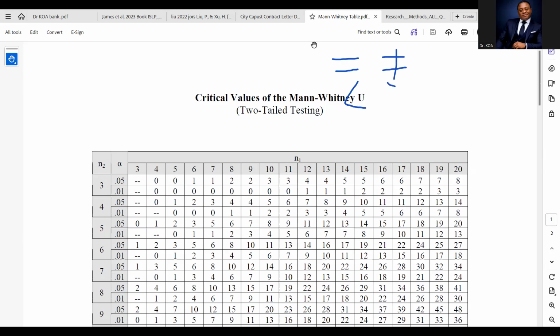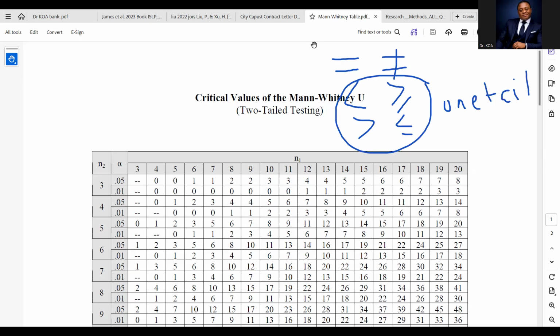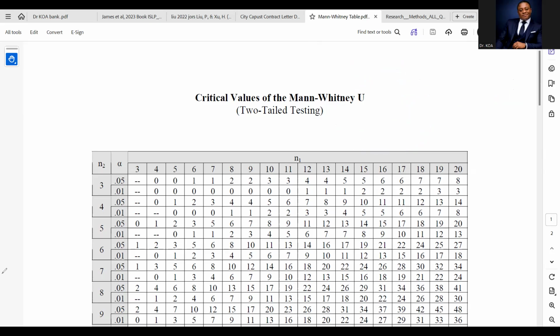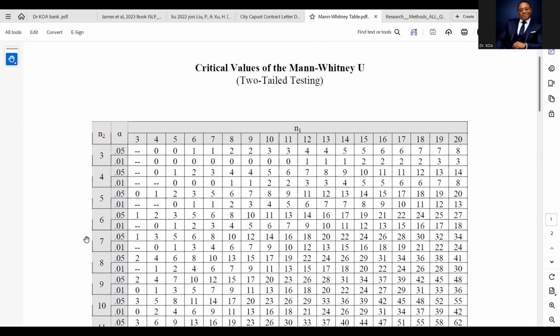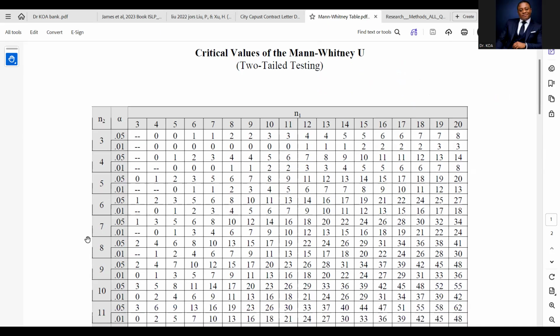Whenever you are using less than, greater or equal to, greater than, and less or equal to, these four are always one tail. The first two are always two tail. So which one have we been using all along? Two tail. So when you get to the test, you will go to the one tail, but in this very example, you go to the two tail. Okay, so now we are in the two tail.